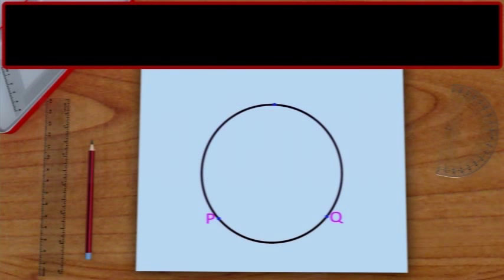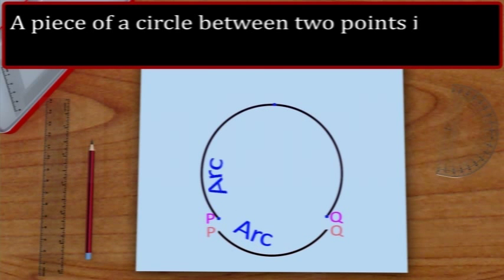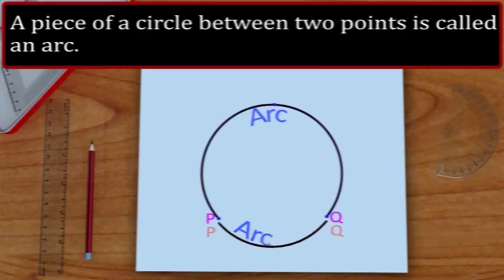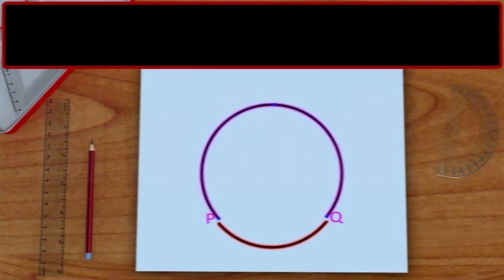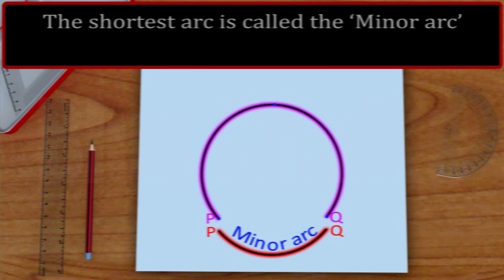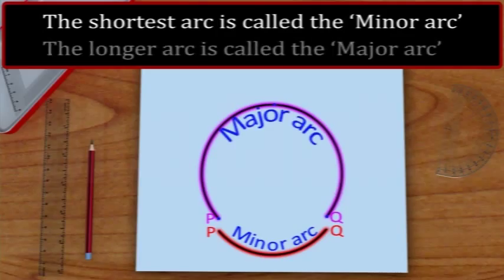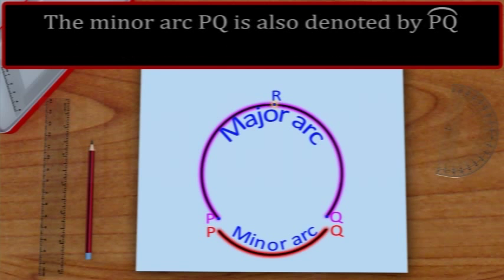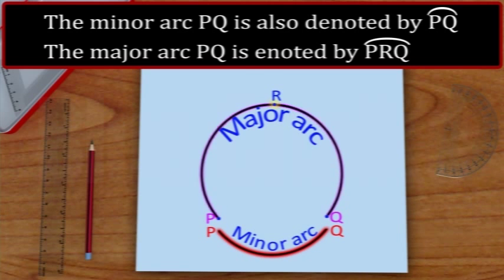Arc. A piece of a circle between 2 points is called an arc. 2 points lying on a circle actually define 2 arcs. The shortest is called the minor arc, the longer one is called the major arc. For clarity, let us take another point R somewhere between P and Q. The minor arc PQ is also denoted by arc PQ and the major arc PQ by arc PRQ.